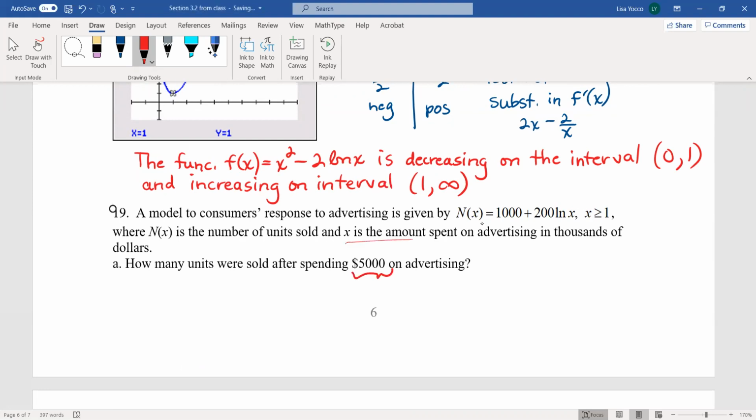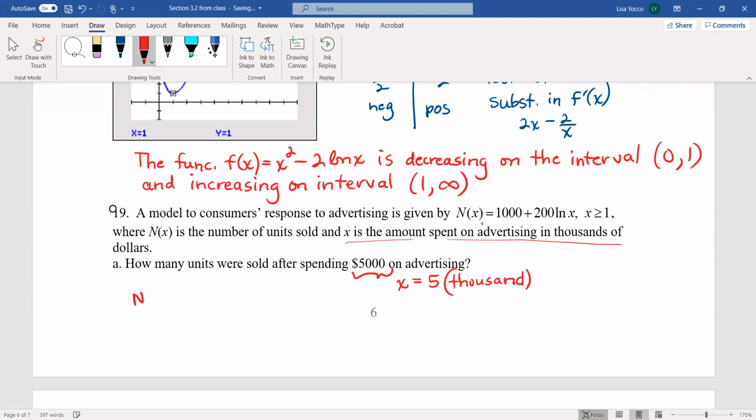Well, x is the amount spent in thousands. So 5,000 would be an x value of 5 because x is in thousands.